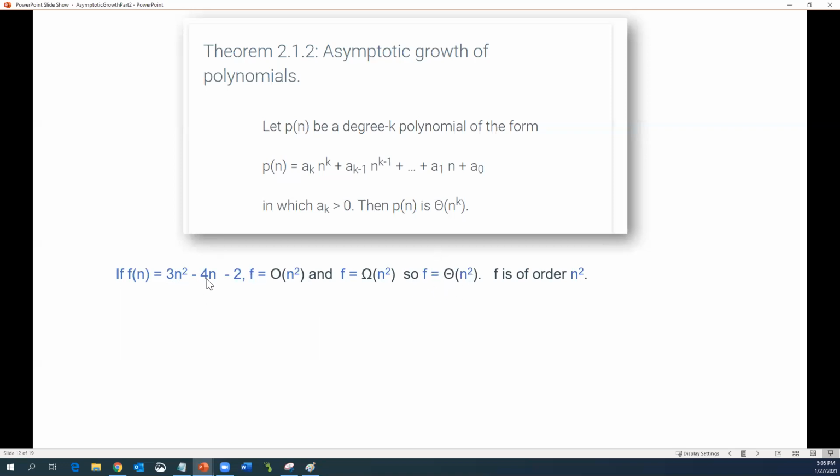All we do is drop the terms except for the term with the highest degree, drop the constant, and then it's O of that, it's omega of that, so it's theta of that. And what does that mean? That means this function is going to be similarly shaped as n squared. It may be longer or wider or something like that, but it's of that same family.